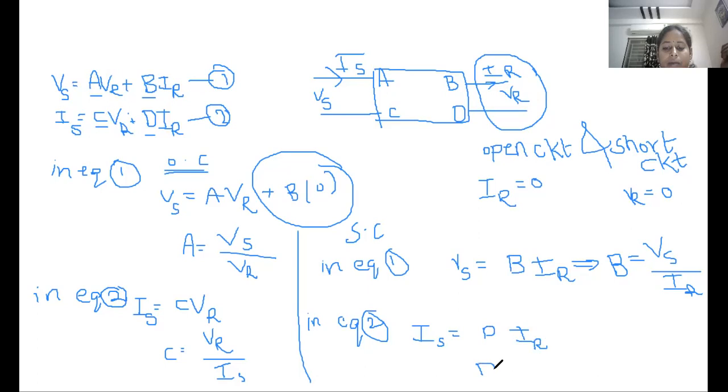So D equal to IS by IR. Okay, these are the four parameters we can calculate for the general two-port circuit. And here we find out the constant values for A, B, C, D.